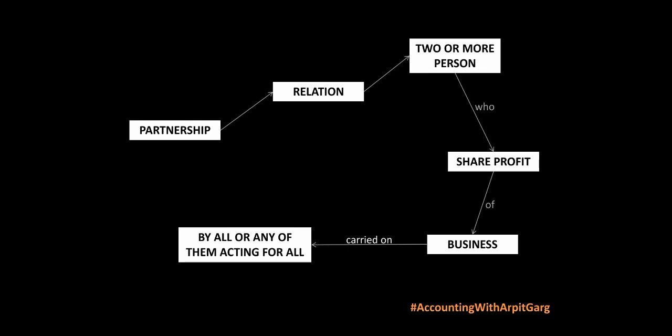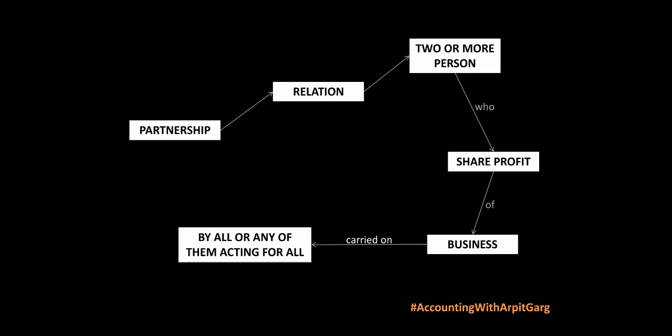Because in sole proprietorship, as there is only one person, he takes all the profit of his business. But here in partnership, as there is more than one person, profit must be distributed among all the partners. Then obviously the business has to be legal. Then our last point, carried on by all or any of them acting for all.